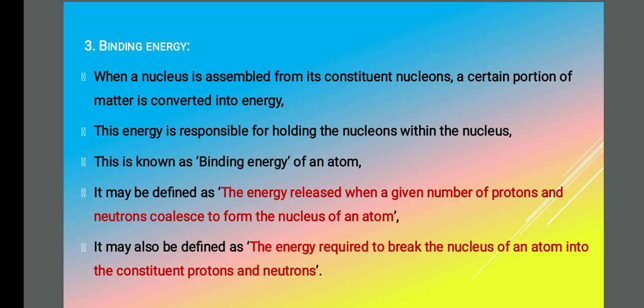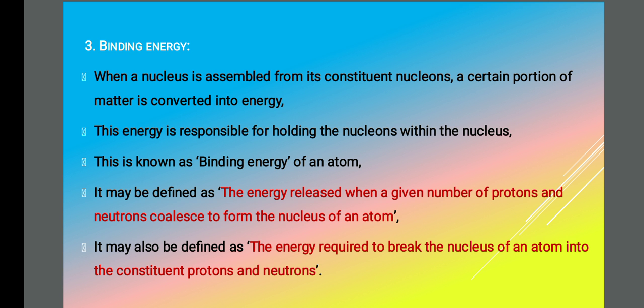So to define binding energy very accurately, it may be defined as the energy released when a given number of protons and neutrons coalesce to form a nucleus of an atom. Also it can be said as the energy required to break the nucleus of an atom into its constituent protons and neutrons. You can say it in either way. Is it okay?